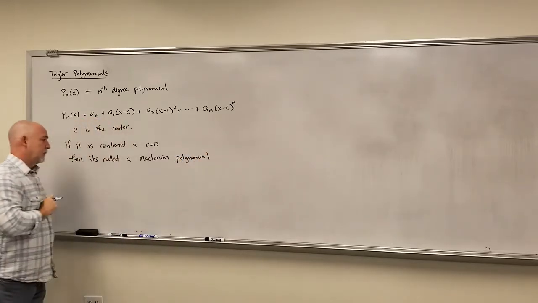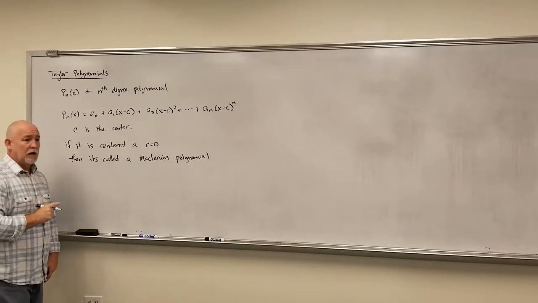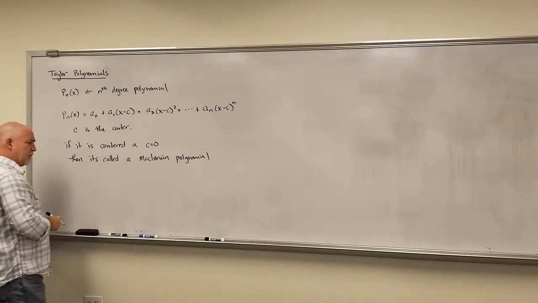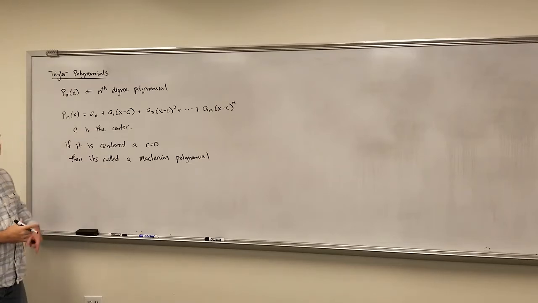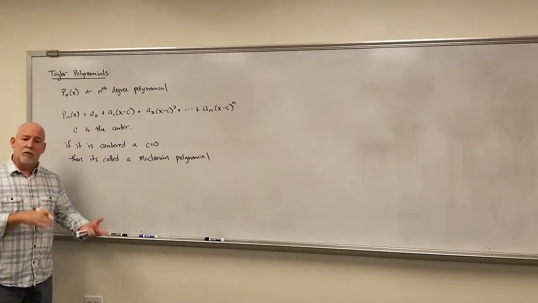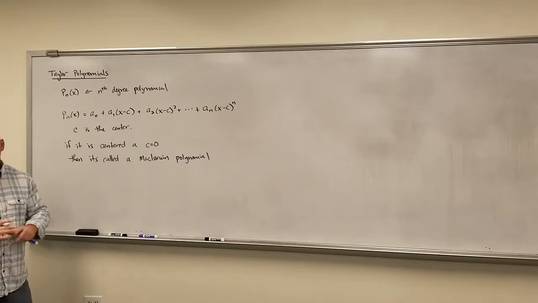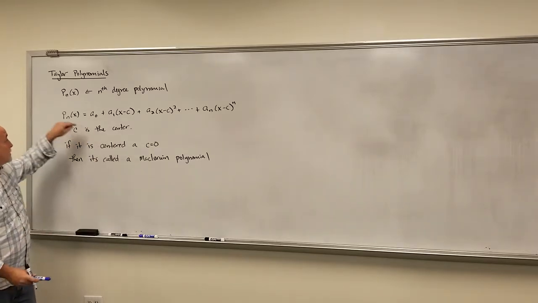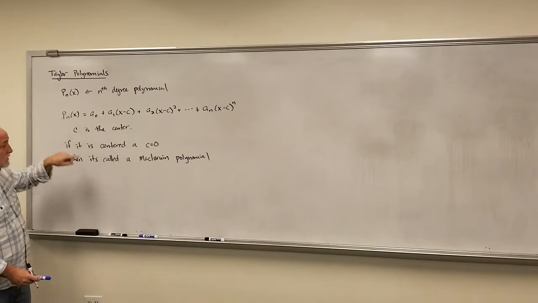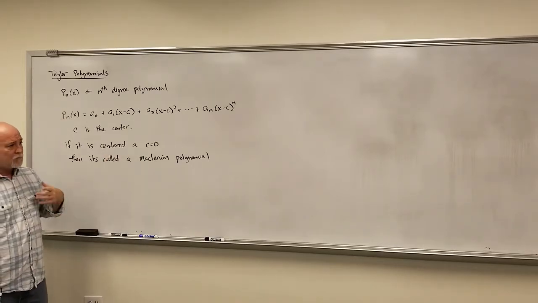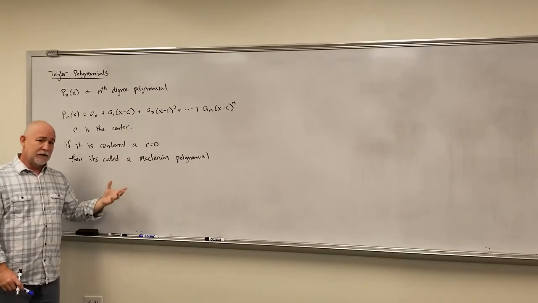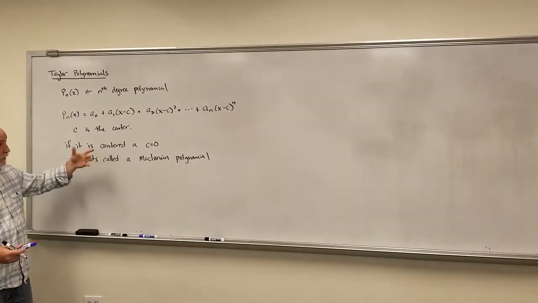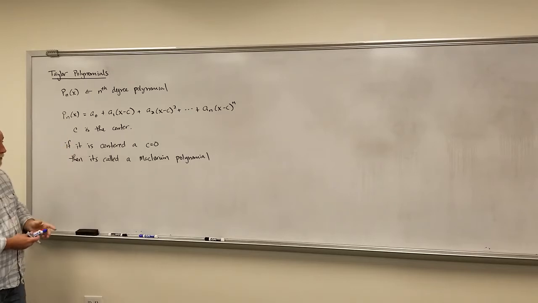Sorry, Mr. Maclaurin. I may have spelled your name wrong. It's called a Maclaurin polynomial. And I'm pretty sure I got the A and the U backwards there, I think. All right, so here's the idea. If you hear the words Taylor polynomial and Maclaurin polynomial, they're the exact same thing. The only difference is a Maclaurin is a special case of the Taylor polynomial. It just happens to be centered at 0. Since centered at 0 is the one we actually do the most, we end up doing more Maclaurin polynomials than Taylor, even though it's still a Taylor polynomial.